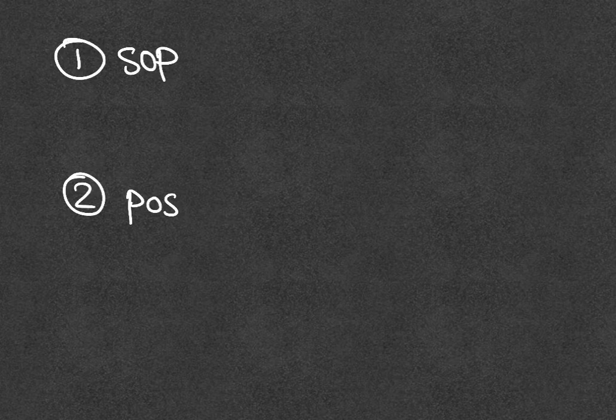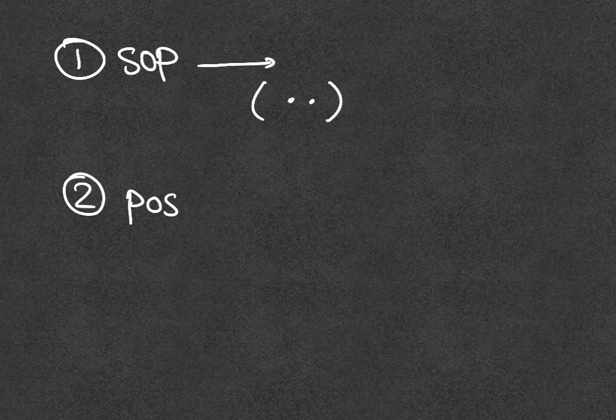So to summarize, we had 2 methods. One was SOP, the sum of products, and the other one was POS. For the sum of products, you put the multiplication inside of the parentheses and addition outside.